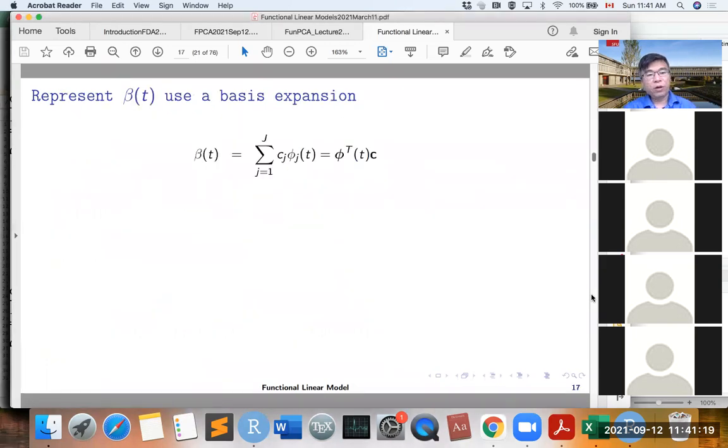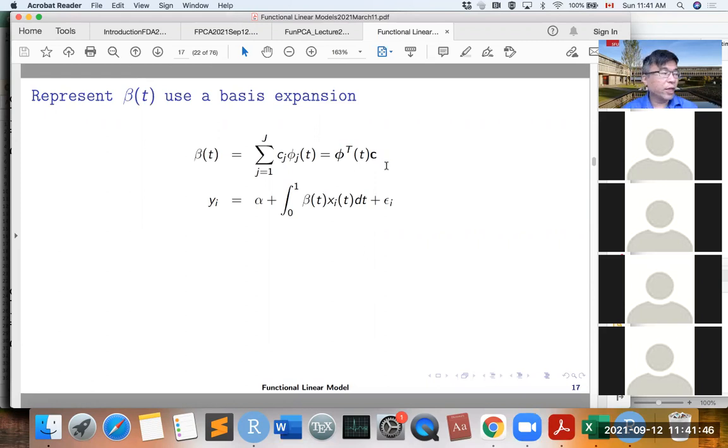So we will express beta t as a linear combination of the basis functions. Here, phi j are basis functions, and c j is the basis coefficients, and we can also write this in vector form, phi transpose t times c.